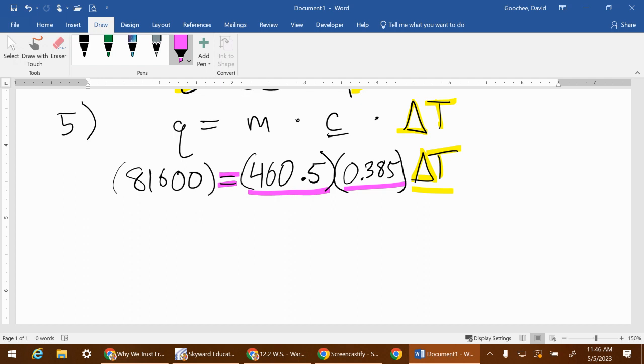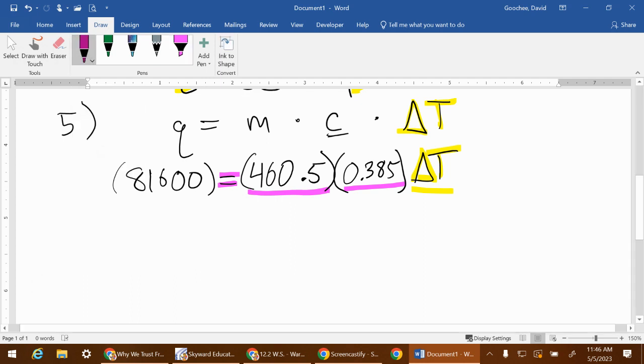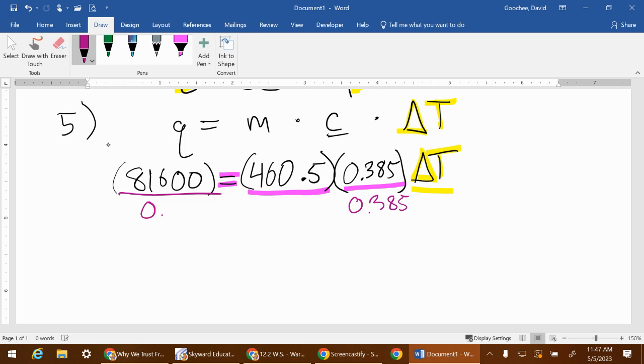So you have to undo this. The way you undo multiplication is division. So we are going to divide both sides by 0.385. Done. And we're going to divide both sides by 460.5.